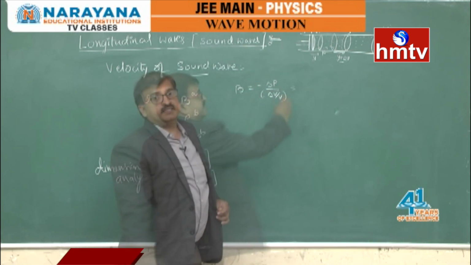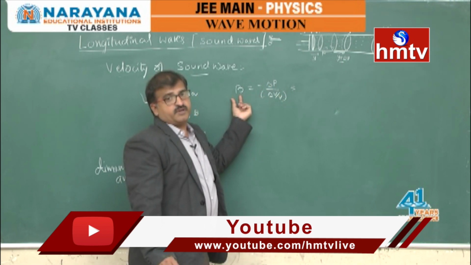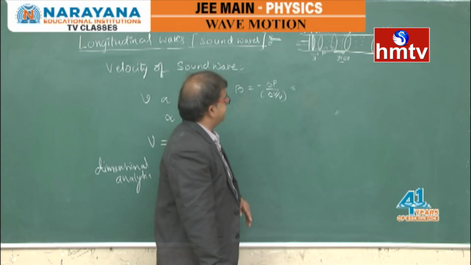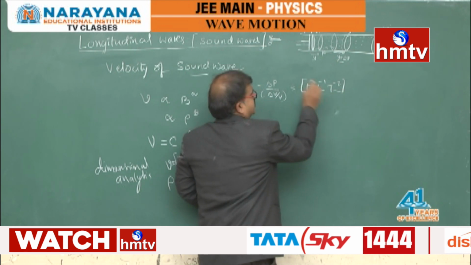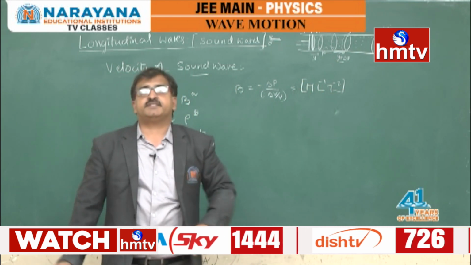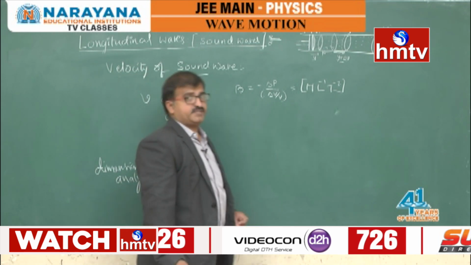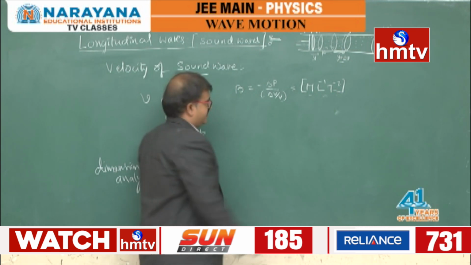Delta P is simply pressure, so the bulk modulus has the same dimensional formula as pressure. Pressure is force by area, so M L T power minus 2 by L power 2, which gives M L power minus 1 T power minus 2.